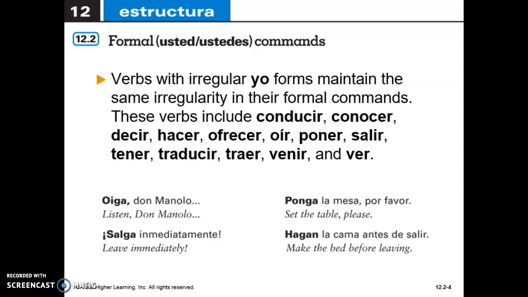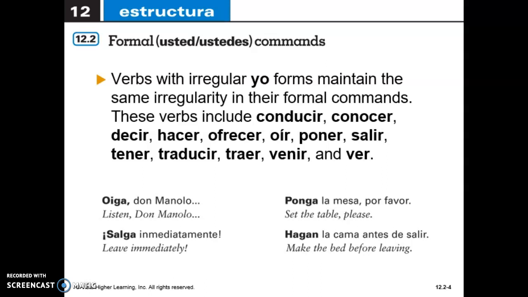For example, the verb tener becomes tengo. Oír becomes oigo. Salir becomes salgo. And this is only for you to remember that sometimes this happens with some specific verbs and they are going to keep that same irregularity with commands, okay?